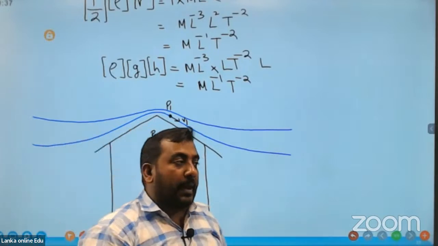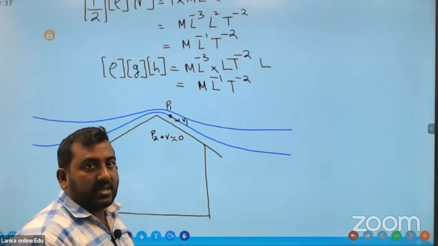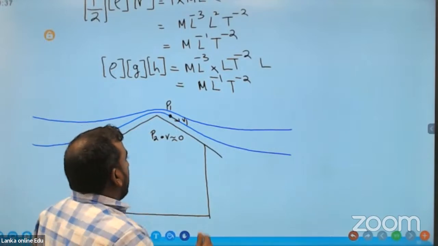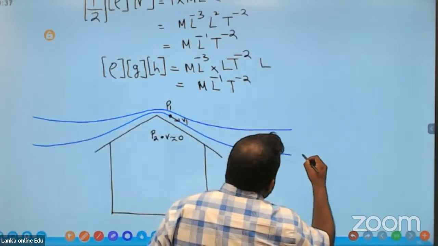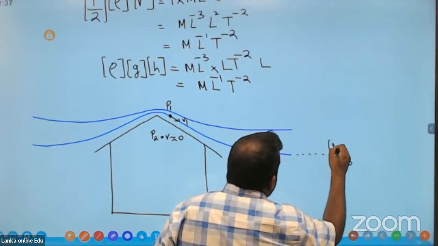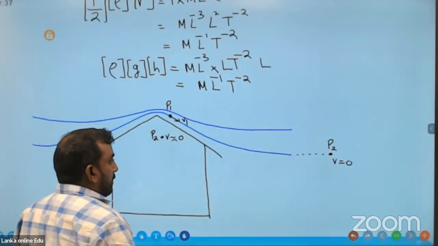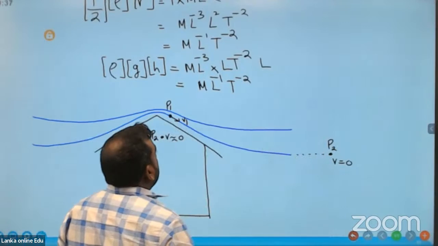Now you can't apply Bernoulli's for two locations. It should be along the same streamline. Along the streamline, somewhere far away, we say velocity is zero, so therefore the same pressure will be there. Okay? Along a single streamline, the same effect is there.